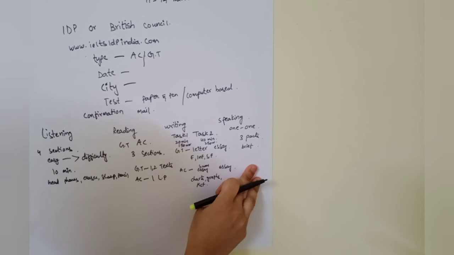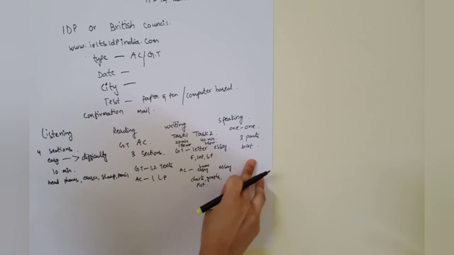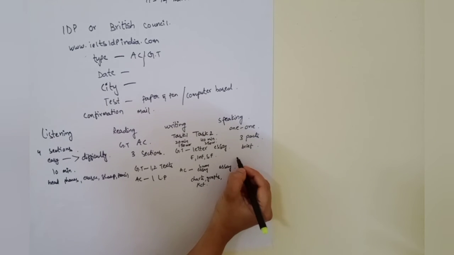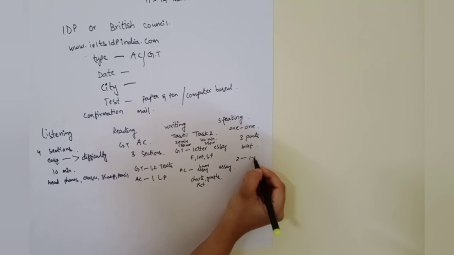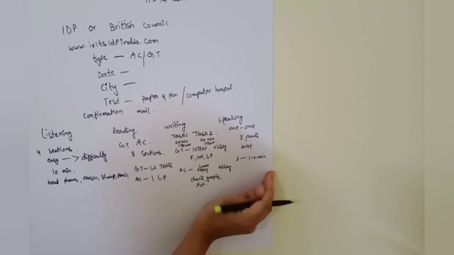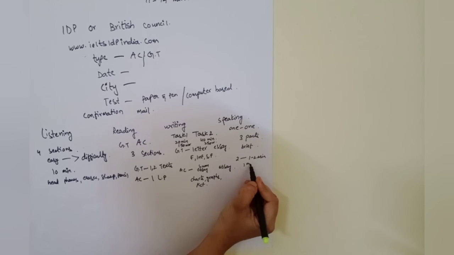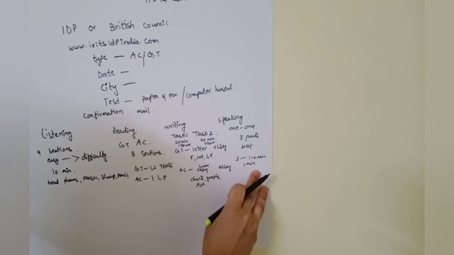In part 2, you will be given a topic on which you have to speak for 1 to 2 minutes. You will be given 1 minute before to prepare for the topic.